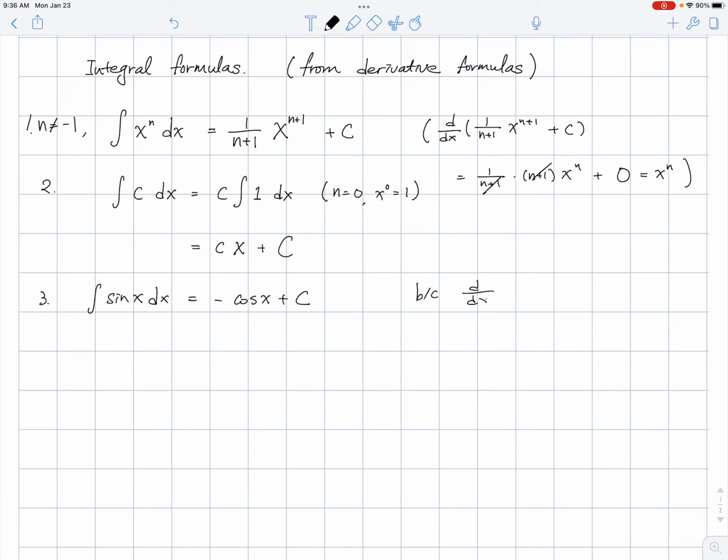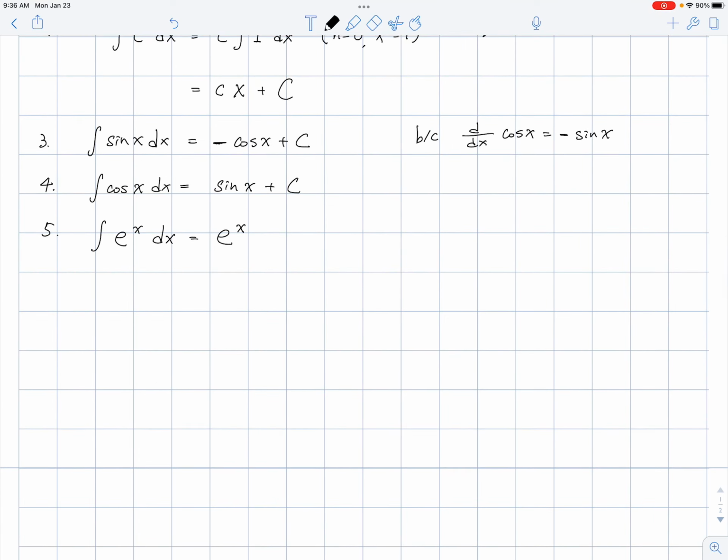Because the derivative of cosine is equal to minus sine. So this minus sign here is to fix the minus sign from the derivative formula. And then the antiderivative of cosine is equal to sine x plus c. And then we have the exponential function, because we know the derivative of the exponential is equal to itself, so surely the antiderivative of the exponential function is equal to the exponential function itself.